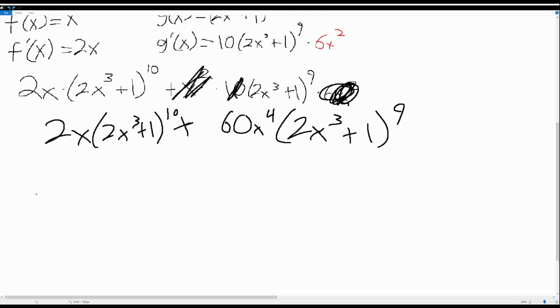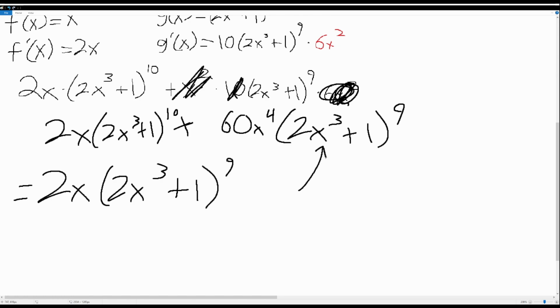So we're going to factor out a 2x and 2x cubed plus 1 to the 9th. So then this goes bye-bye, I think, because that just becomes a 1, and then we have one of those left. Because 9 minus 9 is 0.